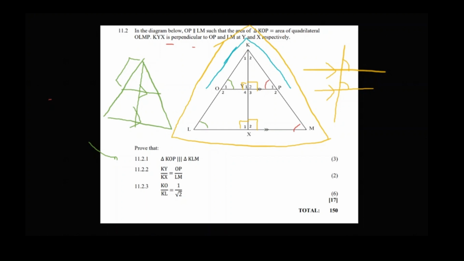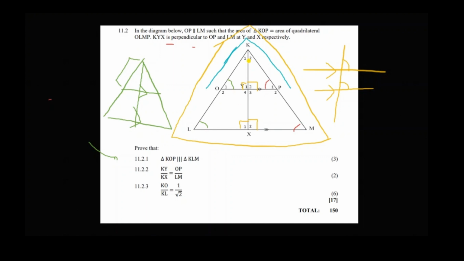Now, how exactly do we prove that two triangles are similar to each other? You want to look at the letter arrangement, the way that they've been arranged in the names of the triangles. By the way, this is not something to completely confirm. If the triangle starts with a K, it doesn't necessarily mean that K in triangle KOP is going to equal K in KLM. I just want you to use that as your starting point.